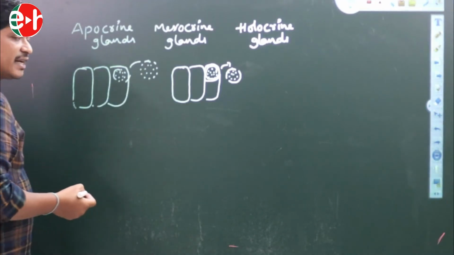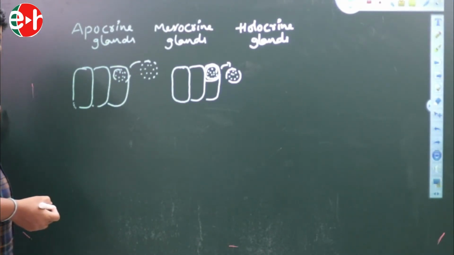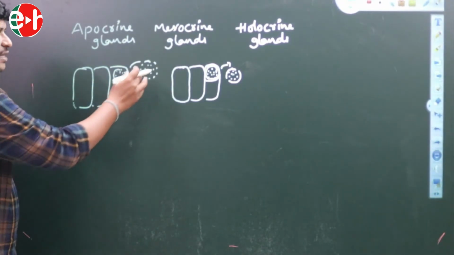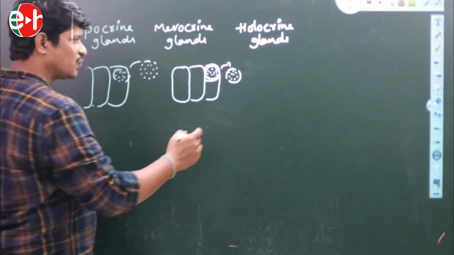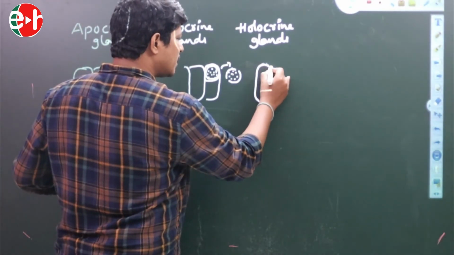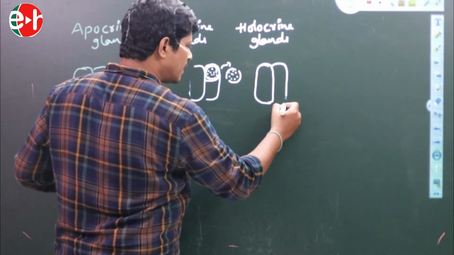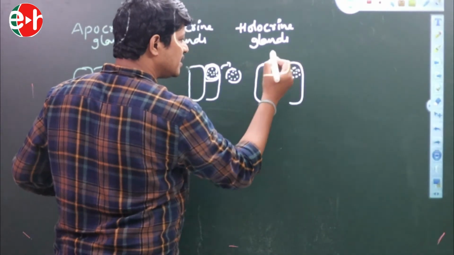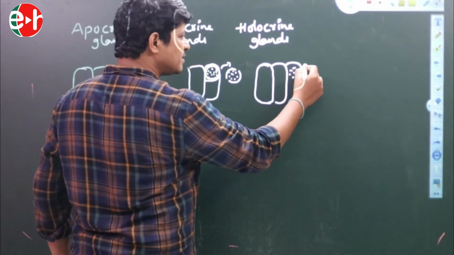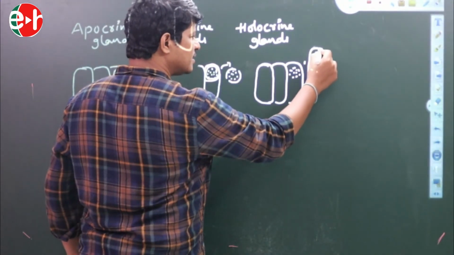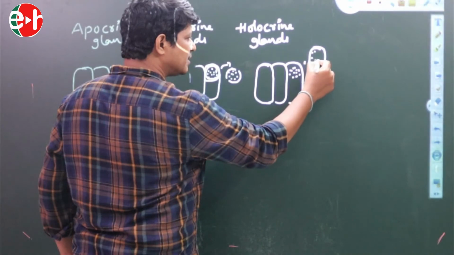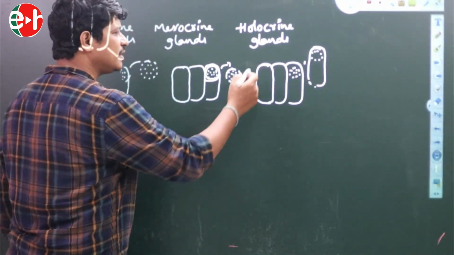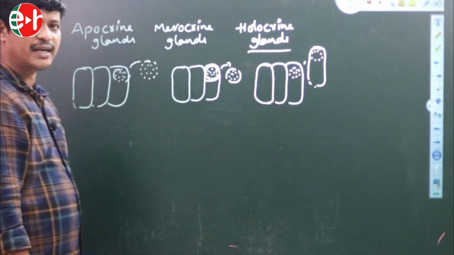Only the part of the cell where the secretory granules are present is pinched off, that is called merocrine glands. And the last one is holocrine gland. In the holocrine gland, secretory granules are present here. The complete cell degenerated or disintegrated from the neighboring cell. When the complete cell disintegrates from the neighboring cell, this type of gland is called holocrine glands.